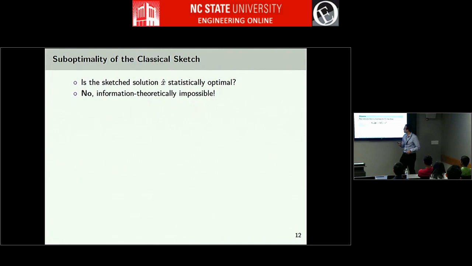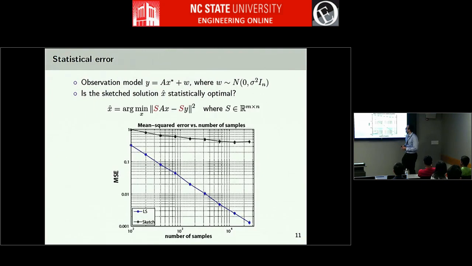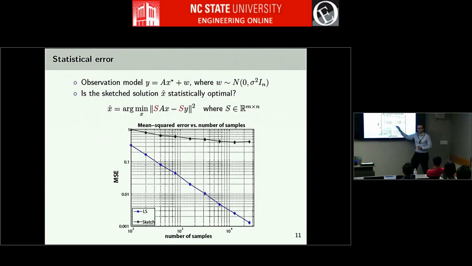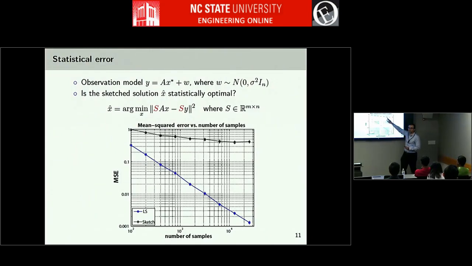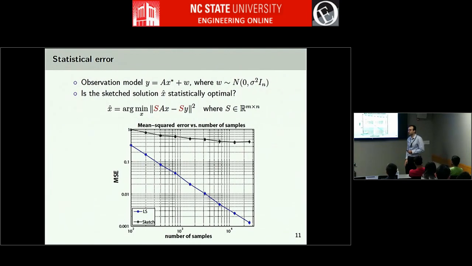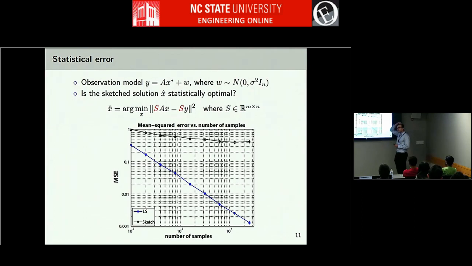So remember, the other one decreases like d divided by n times sigma squared. This one will stay constant. So there will be a lower bound. There will be an error floor that it would never go under. And that's a fundamental limitation of these types of methods.